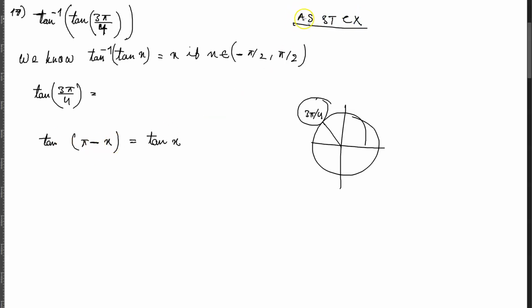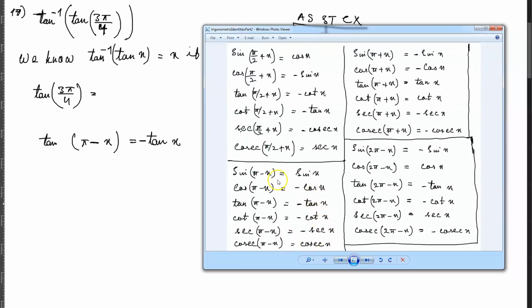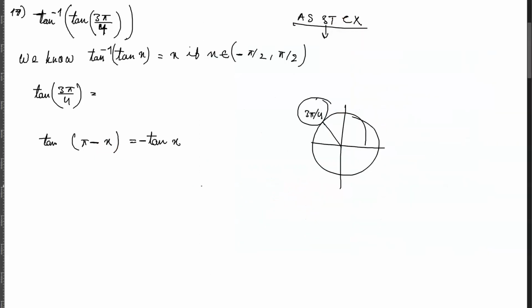Now this case is basically this case over here, which means that in the case of sine and cosecant, the sign does not change. In all the other cases, the sign will change. Since this is not a sine function, the sign will change, and therefore the tan of pi minus x is equal to negative tan x. And you can see the same thing over here. The tan of pi minus x is equal to negative tan x. So that's how you can use the table.